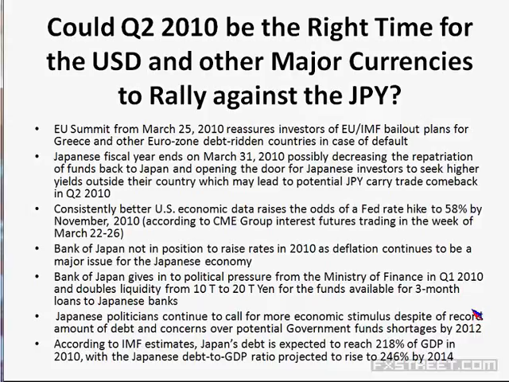Some 100 legislators of the ruling Democratic Party of Japan last week have formed a group designed to urge the Bank of Japan to act more aggressively on deflation.